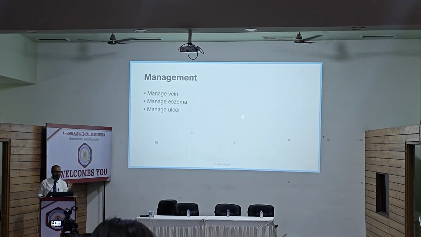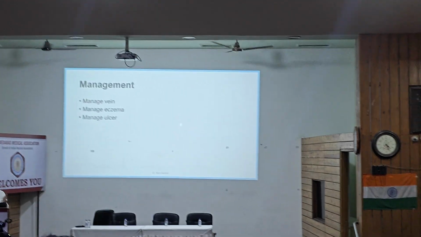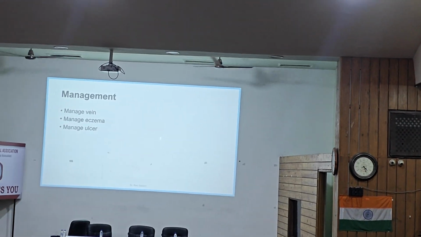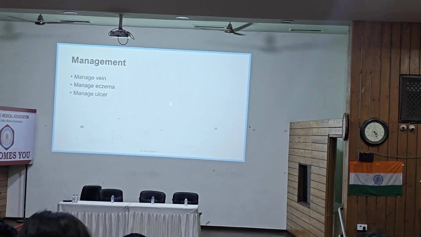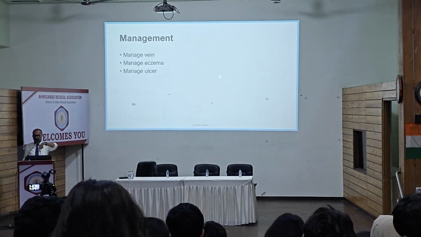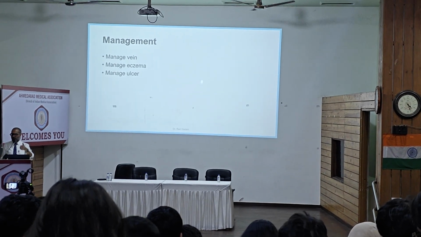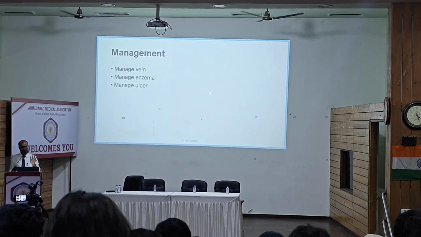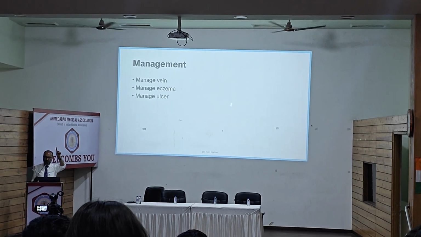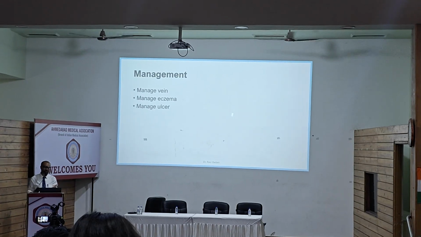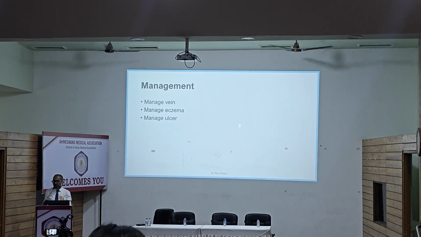What is management? Management is to manage the vein, and manage the eczema or ulcer, whatever is the indication. If the large trunk is involved, the main trunk, with saphenofemoral junction incompetence, then removal of the vein, which is saphenectomy, also known as varicose vein stripping, is done. If it is only perforators, the main trunk is not gone, only perforators are gone, then you may try injection sclerotherapy, but that has to be done under ultrasound guidance.